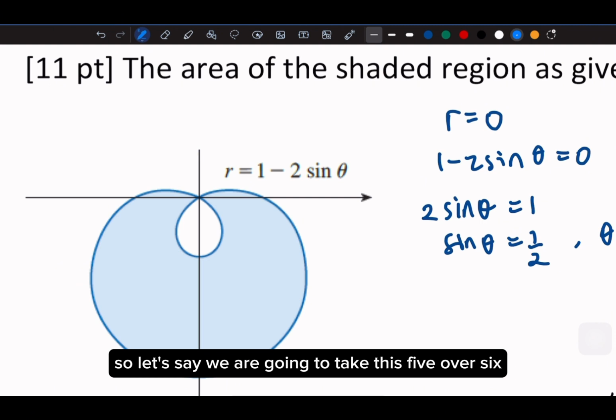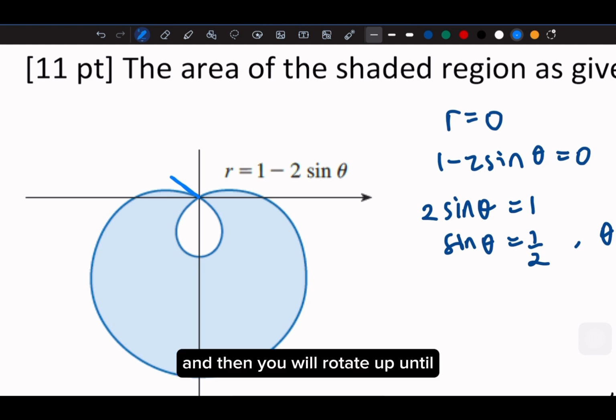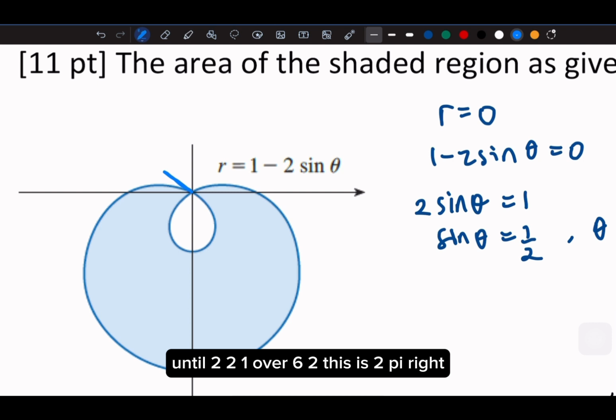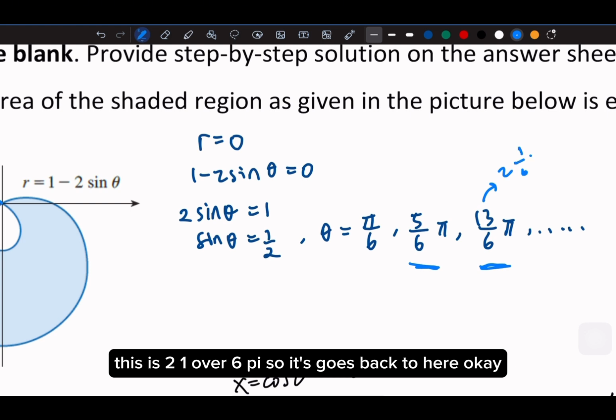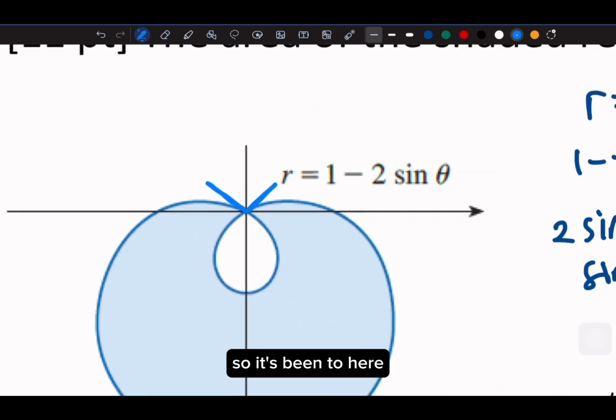So let's say we take this 5/6 pi, maybe around here, and then it will rotate up until 1/6, or 2, this is 2 pi, right? This is 1/6 pi. So it goes back to here.